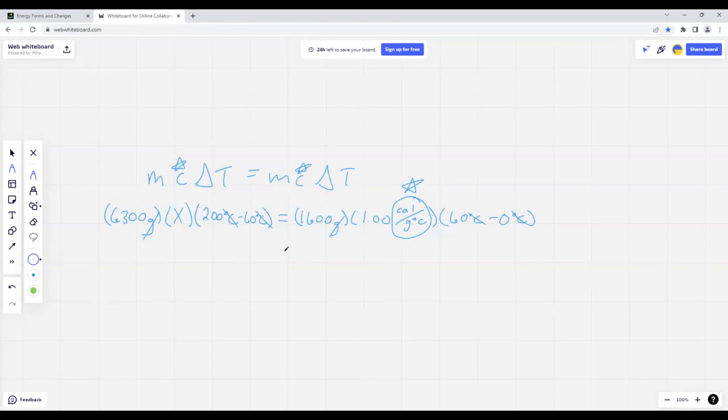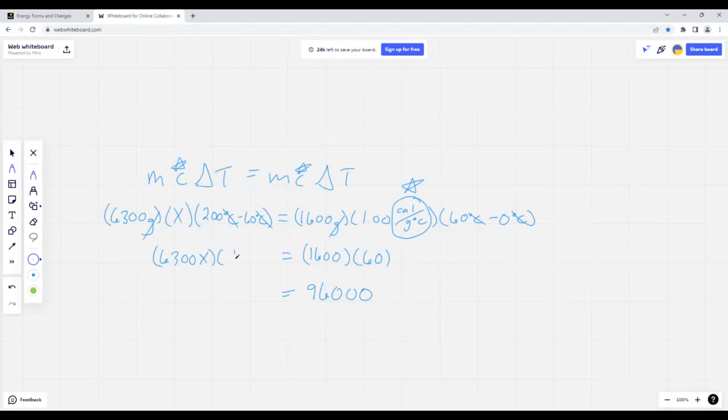I basically just want to work through numbers for the rest of this. If I start to simplify, the right-hand side is a little bit easier to deal with. 1,600 times 1 is going to be 1,600. And then 60 minus 0 is going to be 60. And then we can finish this side out, I suppose, but that's going to give us 96,000. Then on the left, not quite as clear because we have a variable involved, but still we can simplify in a similar way. 6,300 times x is just going to be 6,300x.